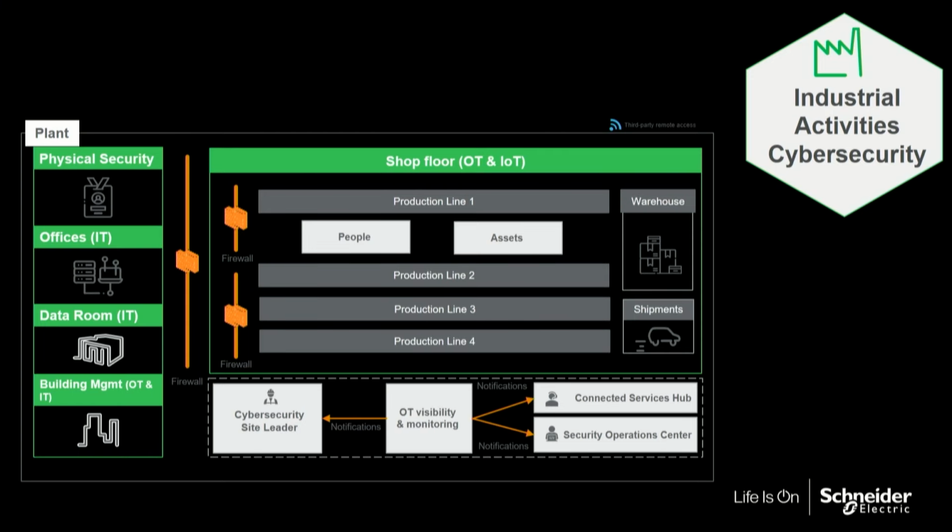So we have an entire program specifically on industrial activity cybersecurity. And that means several different things. First off, we have now cybersecurity site leaders at those 100+ manufacturing and distribution centers. And the reason we have that is if something happens in that location, who are we going to call?